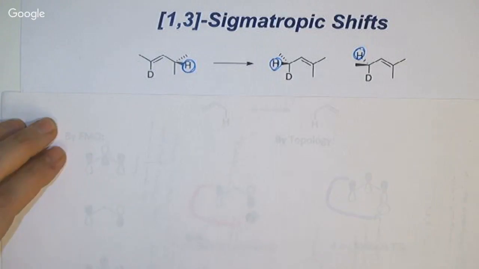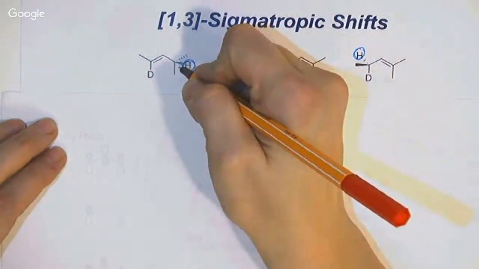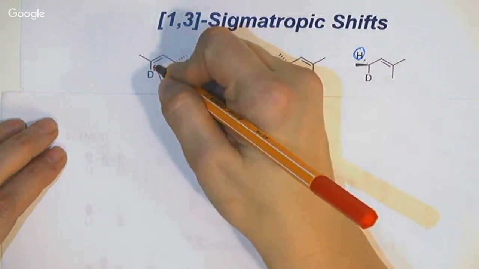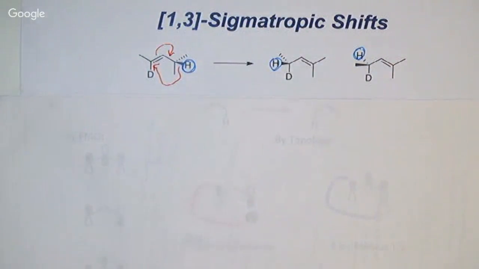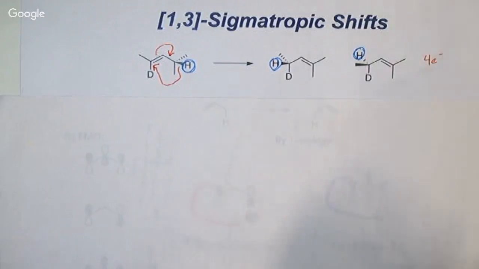And if we were to draw some arrows that would otherwise explain it, we could say that the carbon-hydrogen sigma bond donated those electrons over, and then we shifted the pi bond over. And this can occur on either face, so we form a set of enantiomers here. This happens to be a 4-electron concerted system, so this would be Mobius aromaticity.